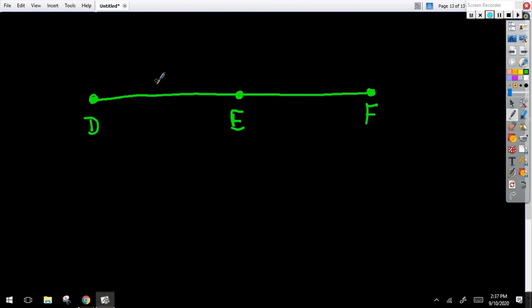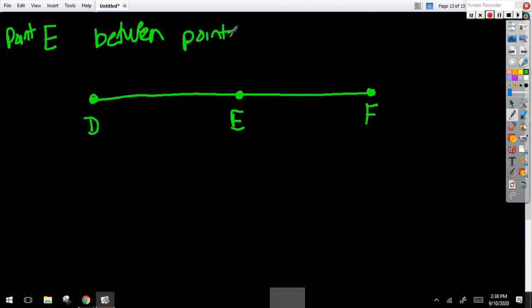Let's first define and say that point E is between points D and F.